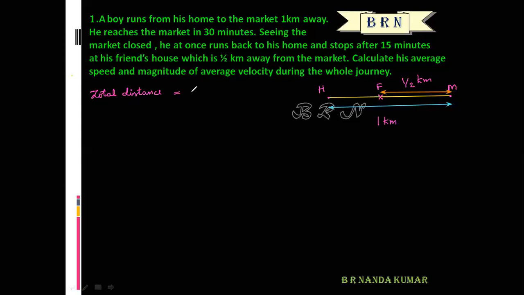What is the meaning of total distance? The length of path covered by the boy. So HM plus MF. HM is 1 kilometer, and MF is half kilometer, that is 0.5. So the total distance traveled is 1.5 kilometer.